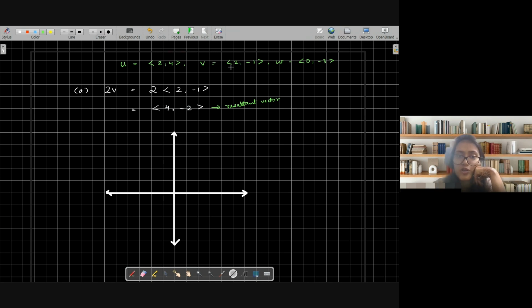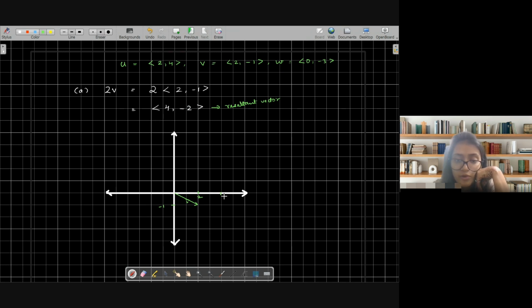First you can show the original vector, which is (2, -1). So this is 2, and this is negative 1. So your vector v is this. And then 2v is (4, -2).